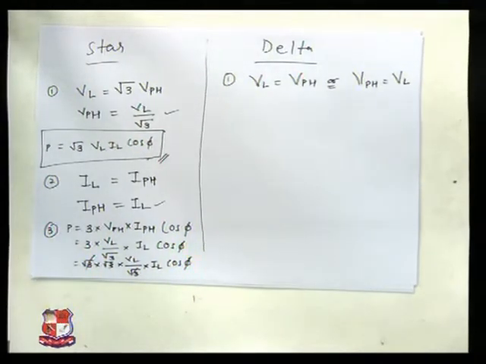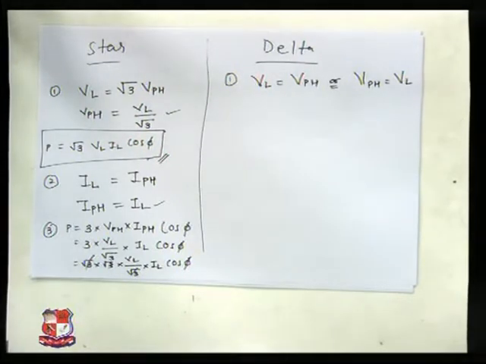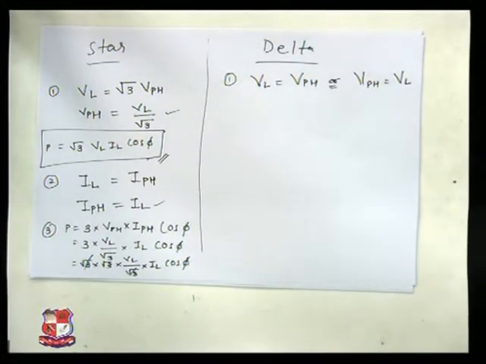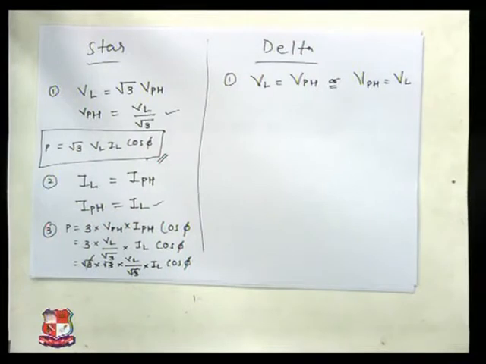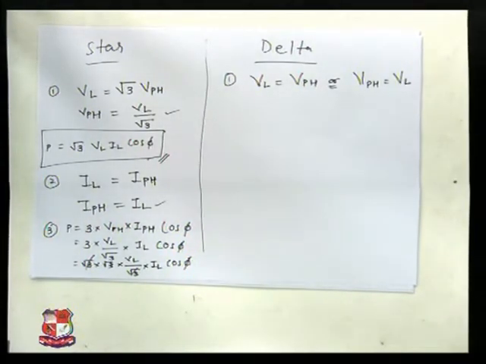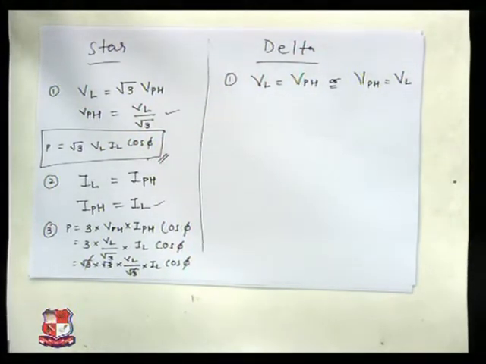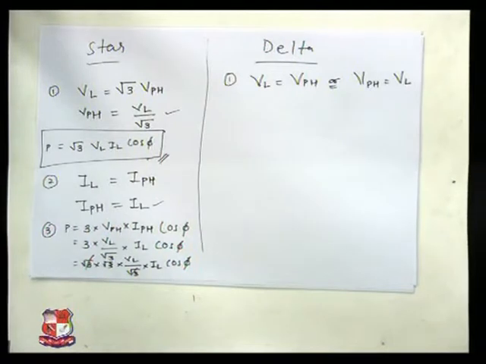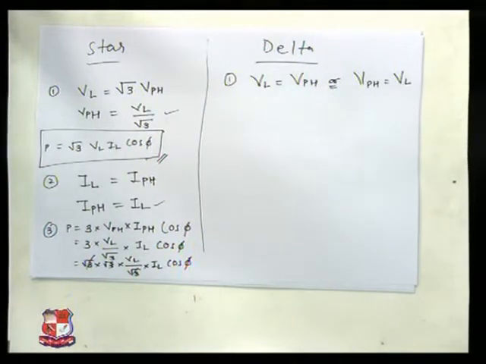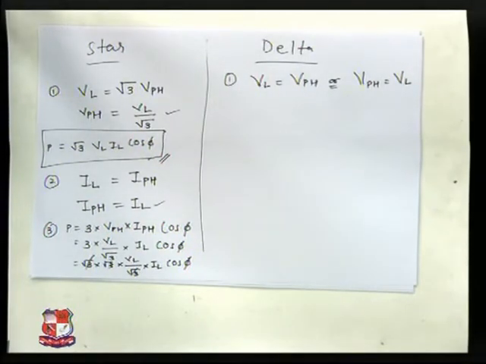Here, what happens to the relationship between the line current and the phase current in the delta connection? In the star connection the line voltage is root 3 times the phase voltage, but in delta the line voltage is equal to the phase voltage. The relationships are opposite in a star connection and a delta connection.